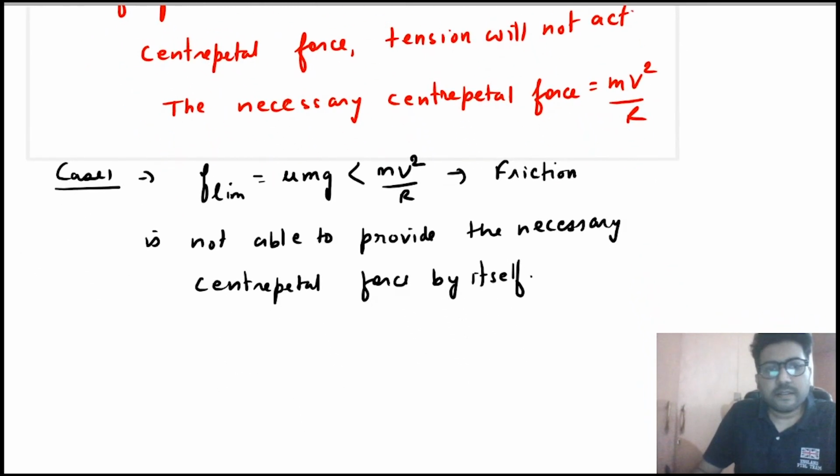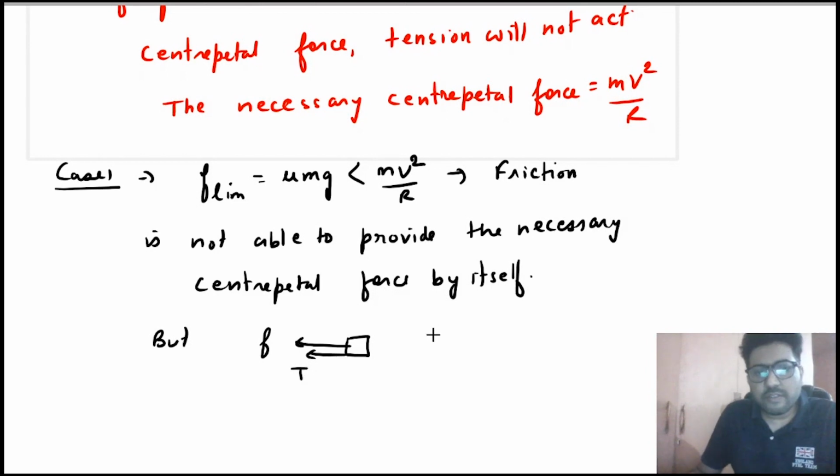But there is also tension. So if you draw the FBD of the block, you will see that there is friction and there is also tension. So you will say T plus F together provides the centripetal force. So the value of T will be equal to mv square by r minus the friction force, that is mu mg.